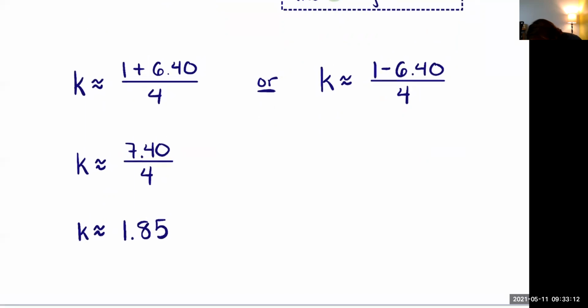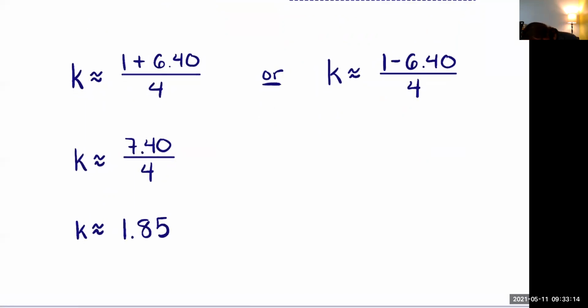Okay. On the right, what is 1 minus 6.40? Almost. Negative 5.40. And when you divide negative 5.40 by 4, negative 1.35.